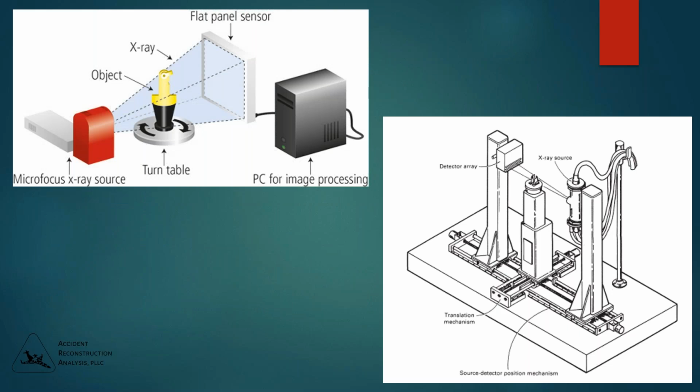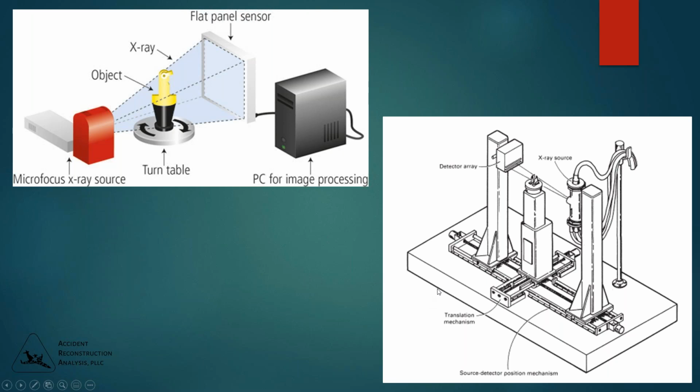So we've got a schematic here showing the main components of a CT system. You can see the specimen in the center, which is on a turntable, and you've got an X-ray source to the left of that, an imaging plate that projects the image of the specimen onto the sensor, and then a PC for processing all of this.